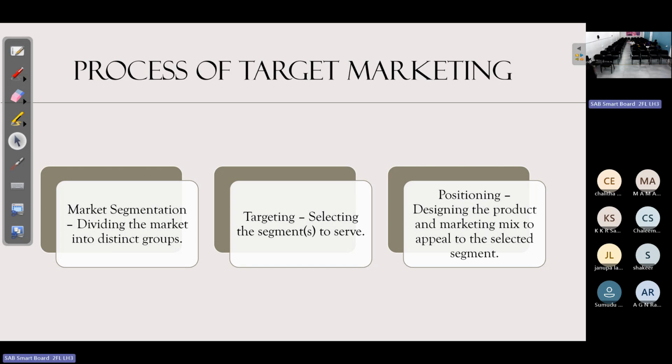Second one, communicate benefits and values of the product.